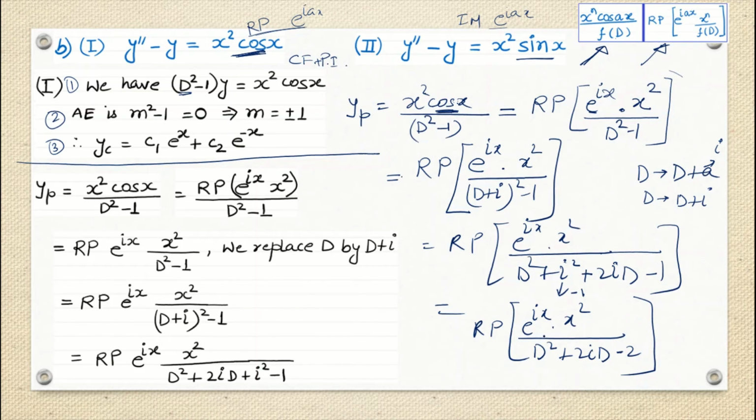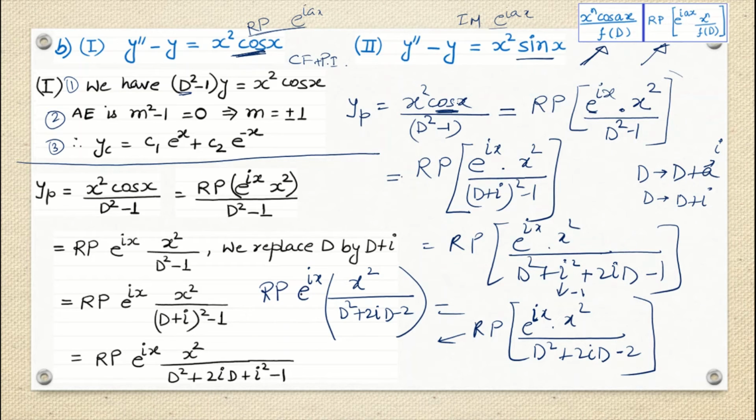Now what next do we do? If we remember what we said in type 4, this e raised to ax we will keep on adding. So I can write this as the real part of e raised to ix, and then x square over D square plus 2iD minus 2.